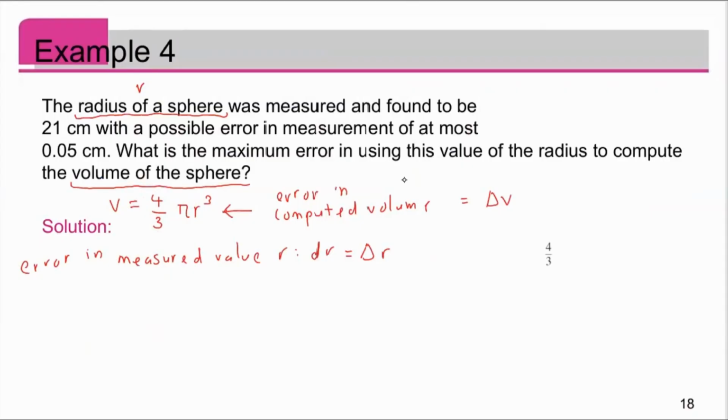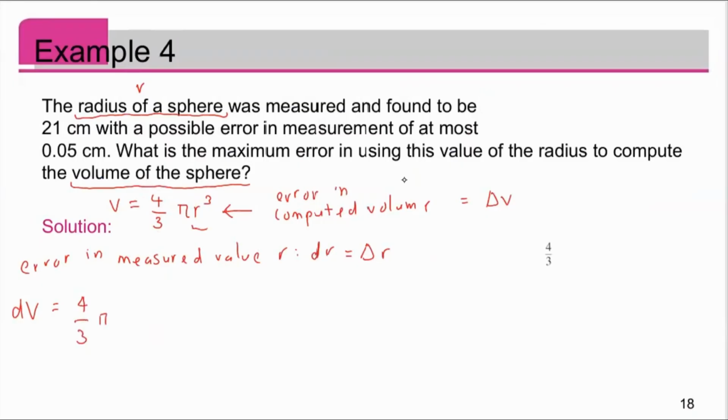All right, so let us write the formula for dV first. dV is equal to, you do the differentiation here and multiply with dr. So 4 over 3 pi r cubed, perform differentiation with respect to r. Let me write 4 over 3 pi, just put it there first.